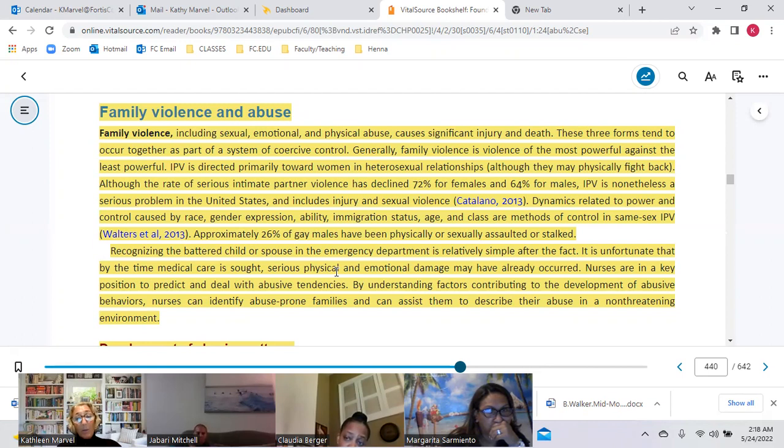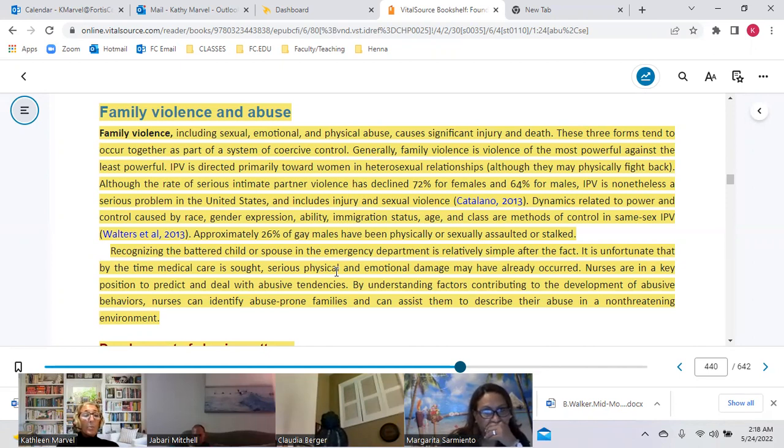The answer is everywhere. We are mandated reporters. Doesn't matter if you're standing in line at the grocery store. If you hear something or see something, you're a mandated reporter. You must report any kind of suspected abuse.